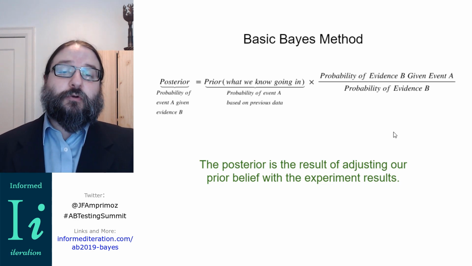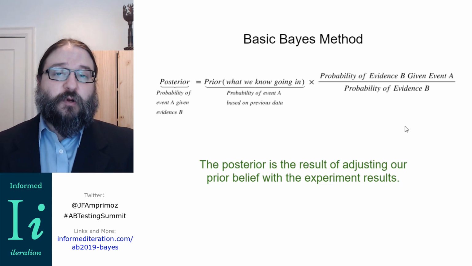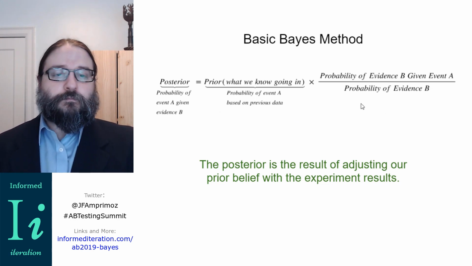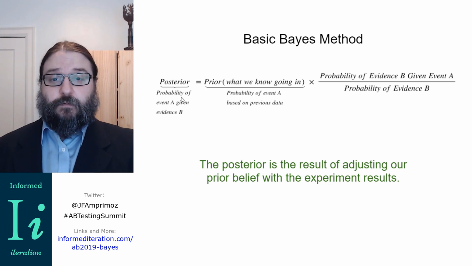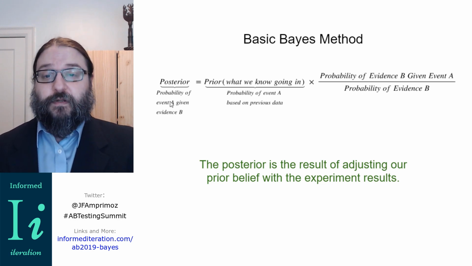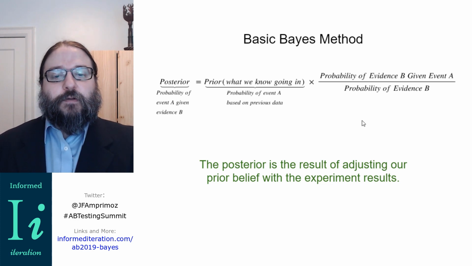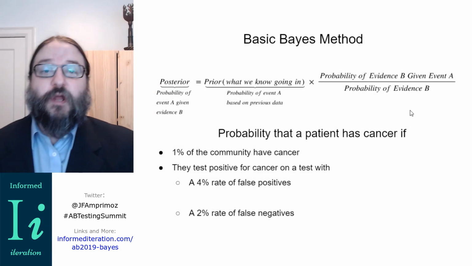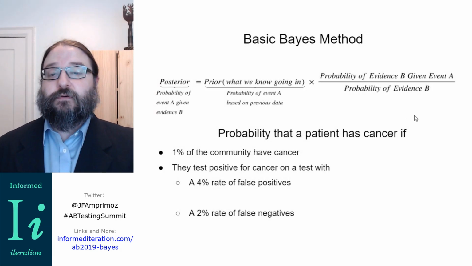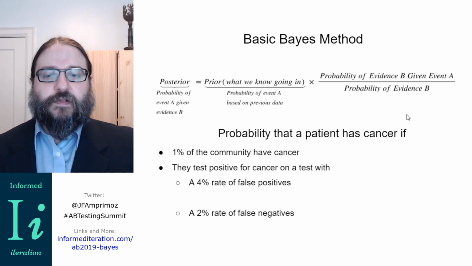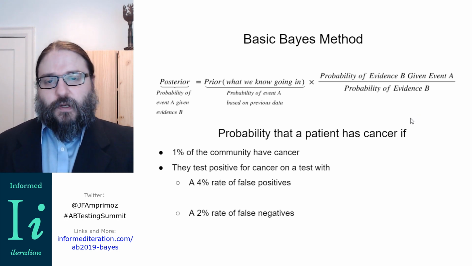And then you observe the result of some experiment, or something happens, that you use to update your prior information, and that creates a posterior, or a probability of event A given evidence B. You can think of the posterior as the result of adjusting your prior belief with experiment results or an observation. And the easiest way to understand this is probably with an example.